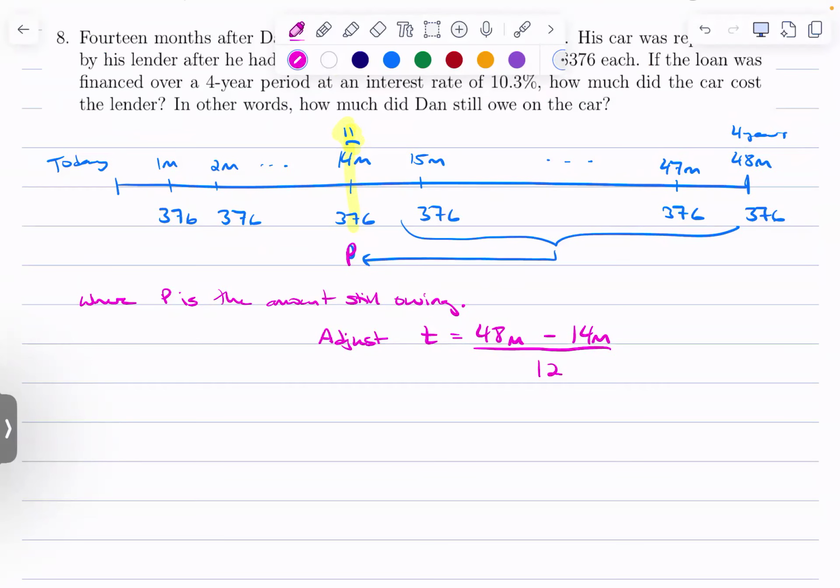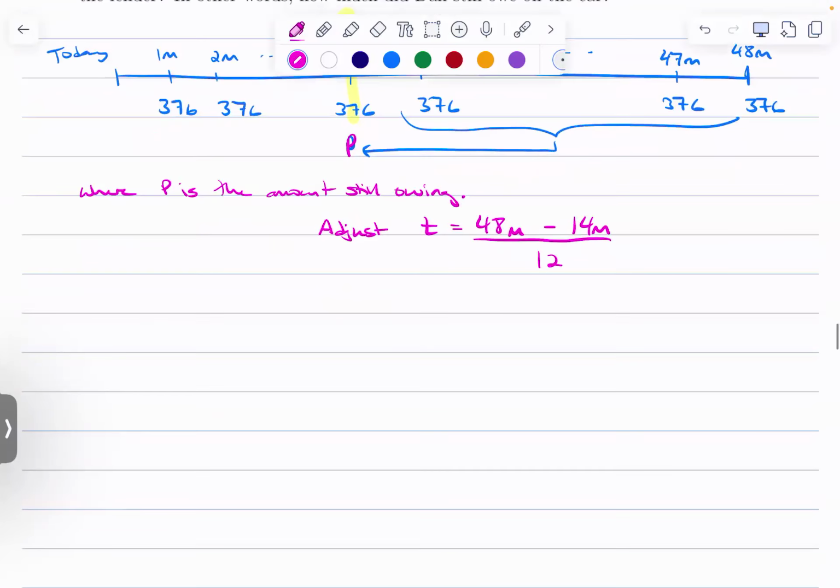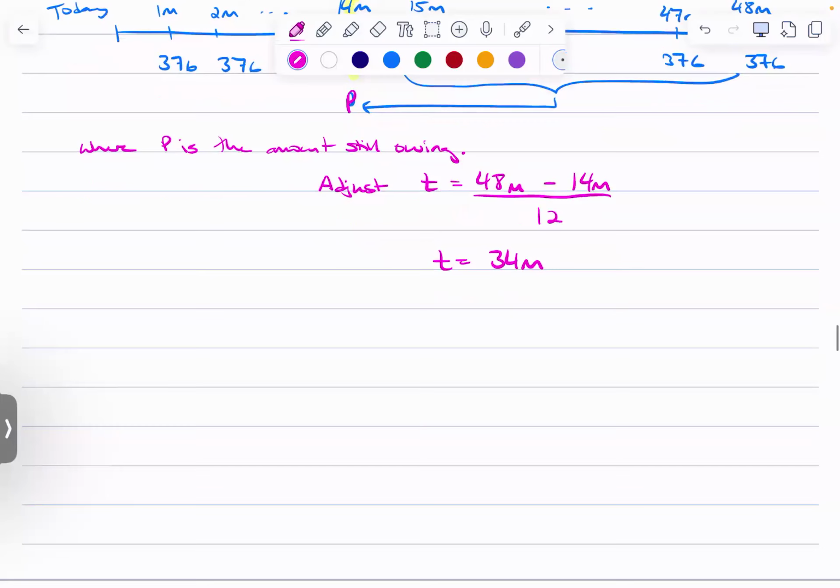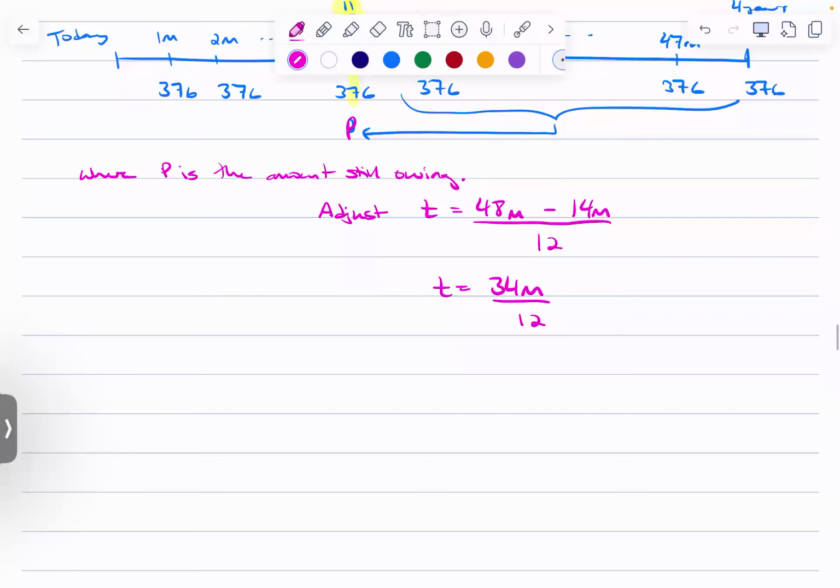You could do 4 years minus 14 months, or however you want to get there is fine. But 48 minus 14 months is 34 months. Divide by 12, right, in years.